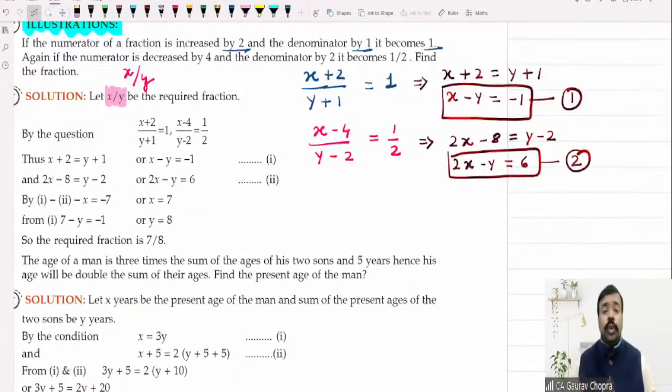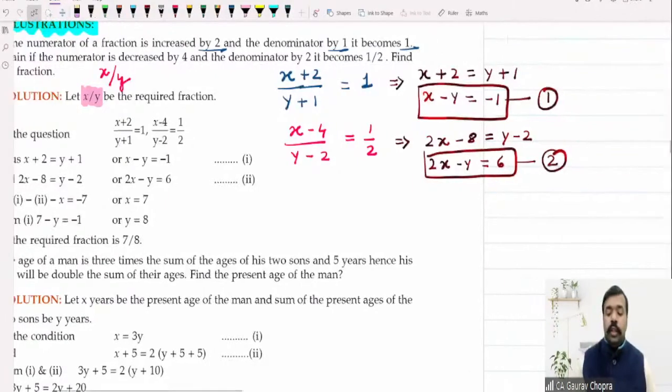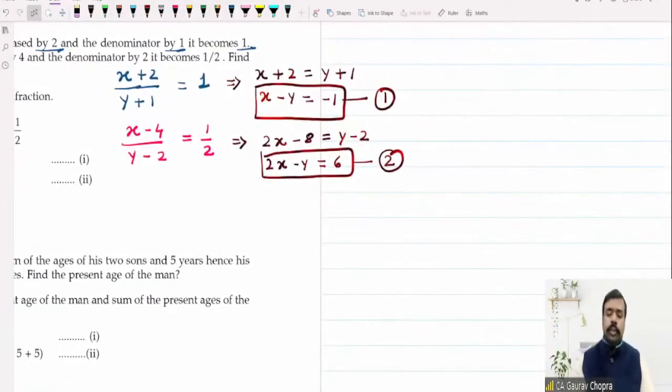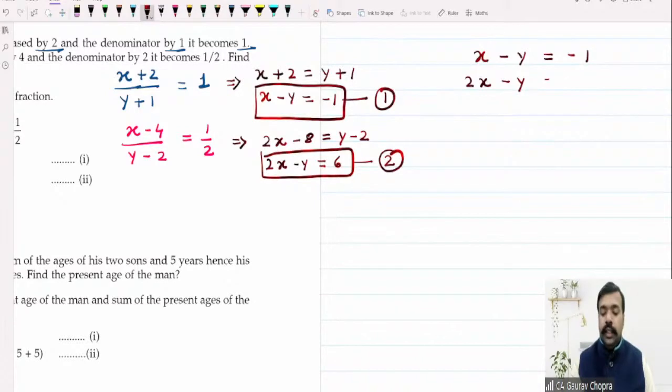We can use the elimination method, substitution method, whichever we like. So let us do that. x minus y equal to minus 1. This is the first equation, and this one is second equation.